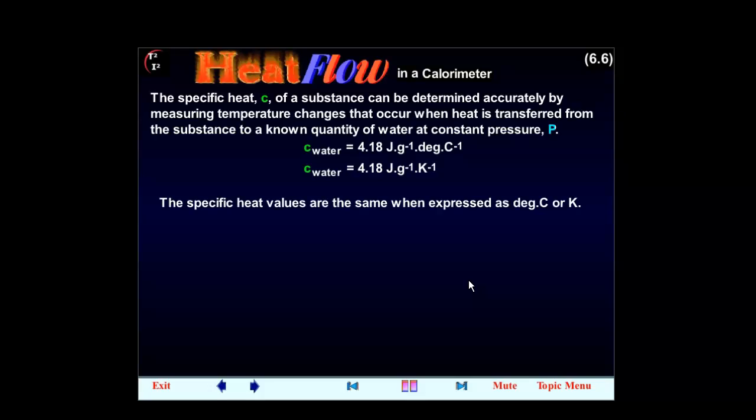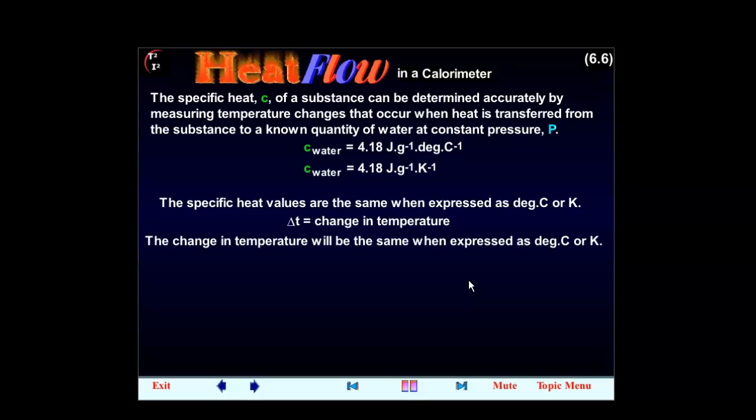The specific heat values are the same when expressed as degrees Celsius or Kelvin. Delta T equals change in temperature. The change in temperature will be the same when expressed as degrees Celsius or Kelvin.